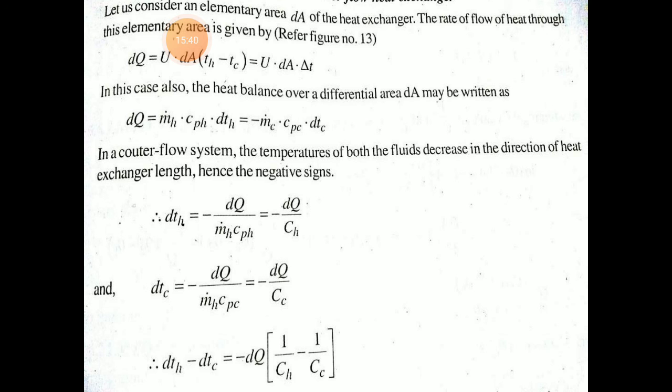For a counterflow heat exchanger, the temperature of both fluids decreases in the direction of the heat exchanger. Therefore, dTh is equal to minus dQ upon mH CpH, which is equal to dQ upon minus Ch, and dTc is equal to minus dQ upon mc Cpc, which is equal to minus dQ upon Cc. Therefore, dTh minus dTc is equal to minus dQ into bracket 1 upon Ch minus 1 upon Cc.